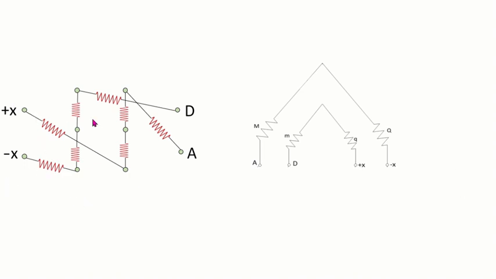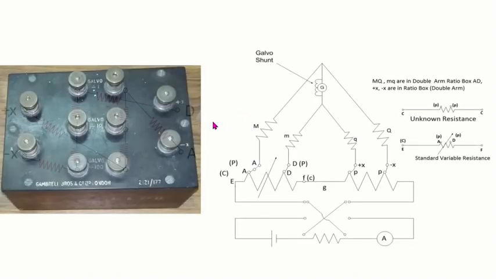We can reform this to obtain this particular arrangement, and depending upon which option we provide for measuring using the galvanometer, whether divide by 1, divide by 10, or divide by 100, it will change the resistance Q, capital Q, and M, capital M. So this is about the double arm ratio box.